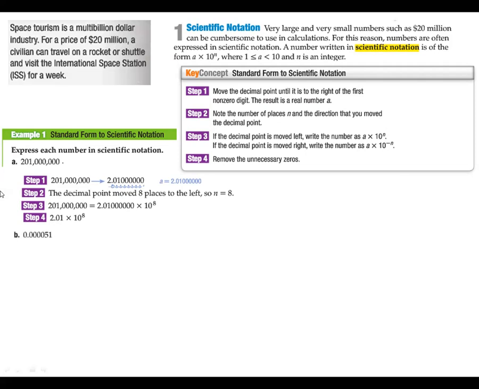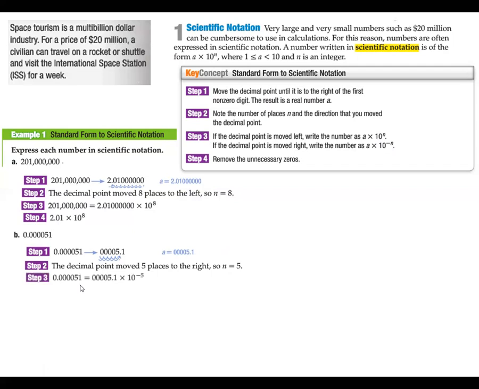How about this one, 0.000051? Well, this time we're going to have to move the decimal point to the right 5 places. So that means that n equals 5, but since I moved it to the right, I'm going to use a negative in my exponent. So it's going to be 0.000051 times 10 to the negative 5th.